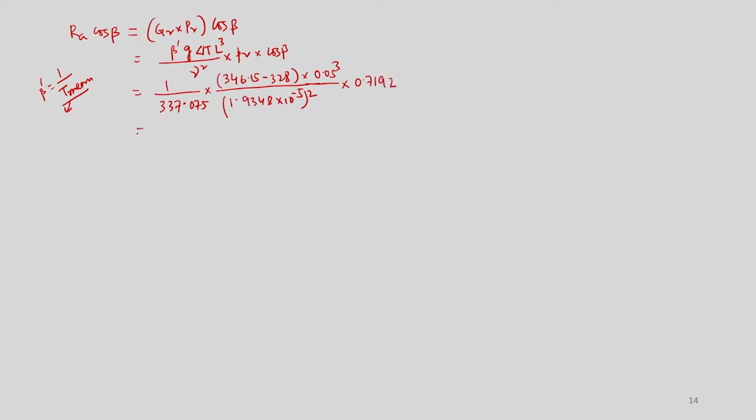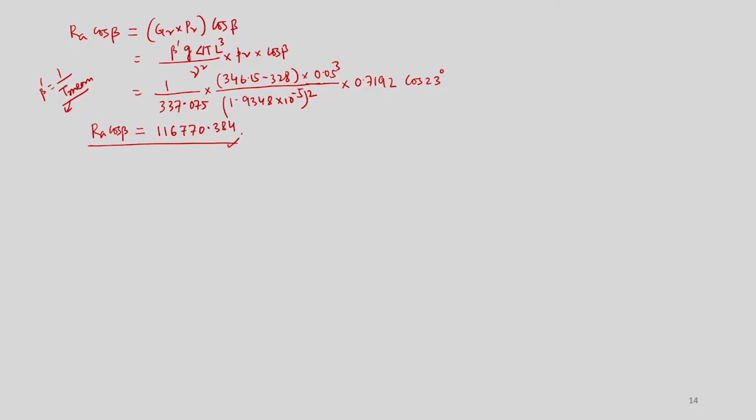Of course, we need to multiply by cos of beta, beta value is 23. Okay. So, if we do the analysis, then what we will get is something like 116,770.384. Okay. So, this value is for Ra cos beta, right.